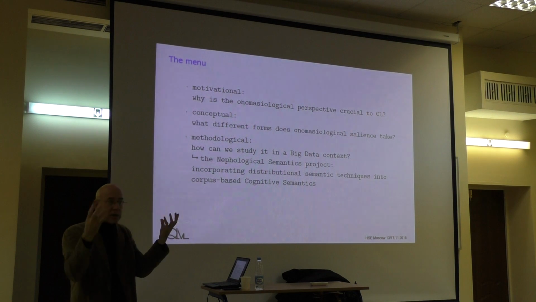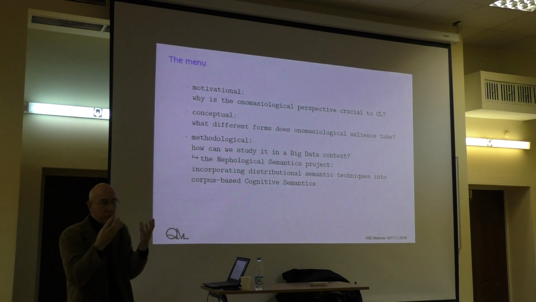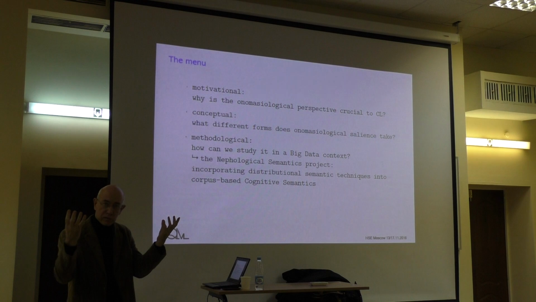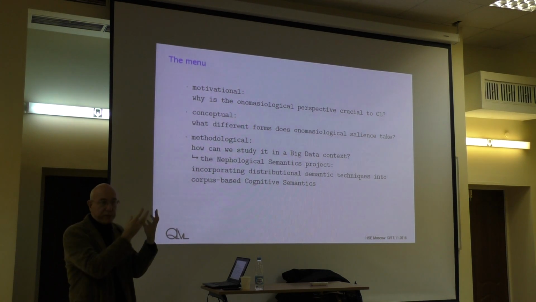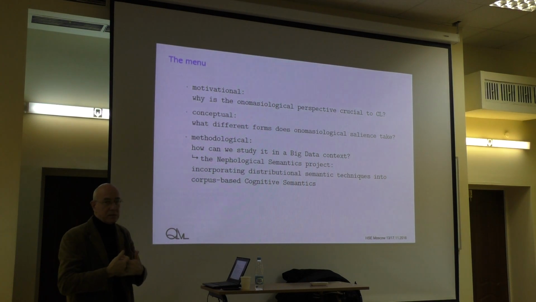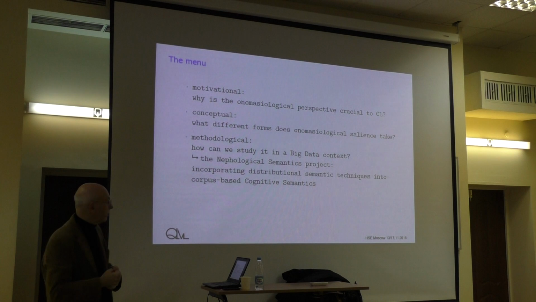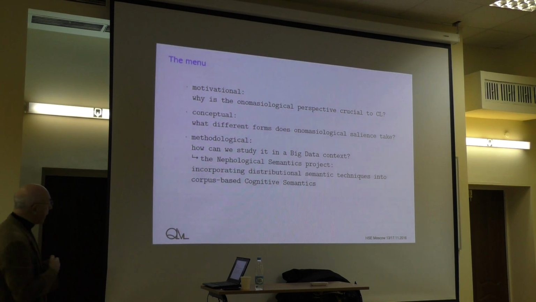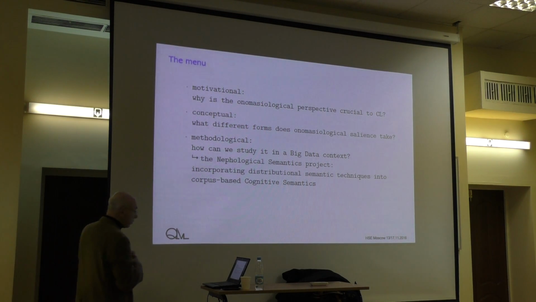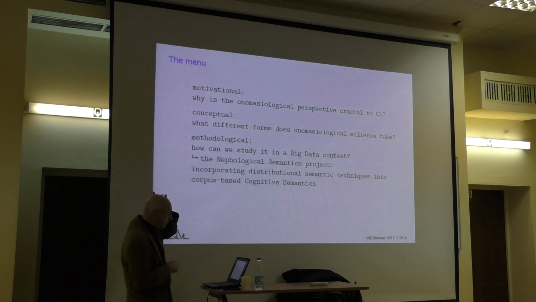The preference for one category rather than the other, that would be an onomasiological choice. And if one is more preferred than the other, or occurs more often, whatever, then that is the salience of the category.